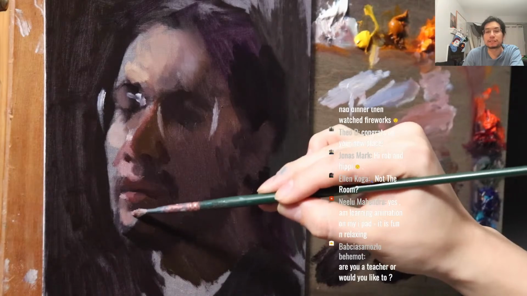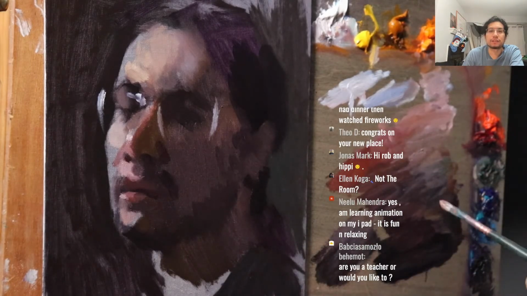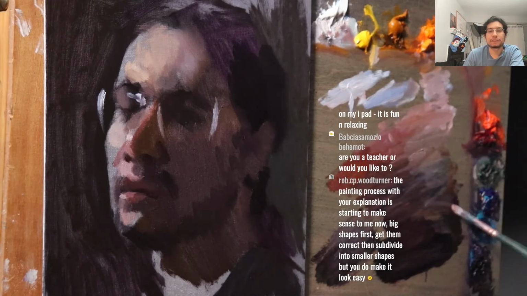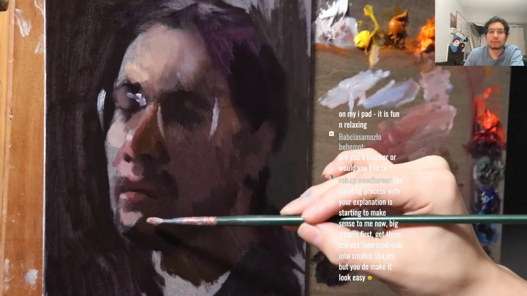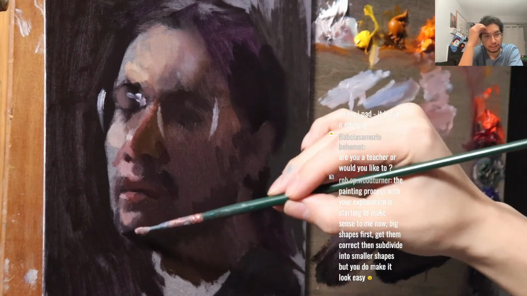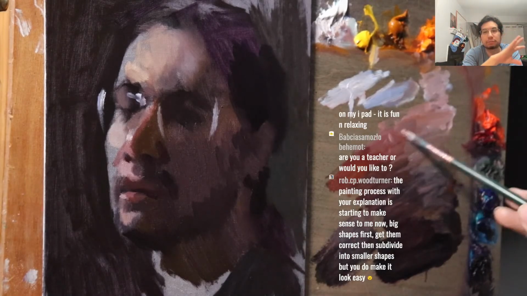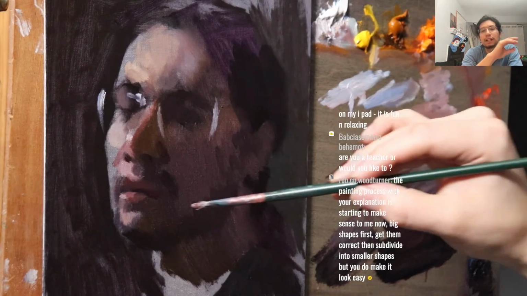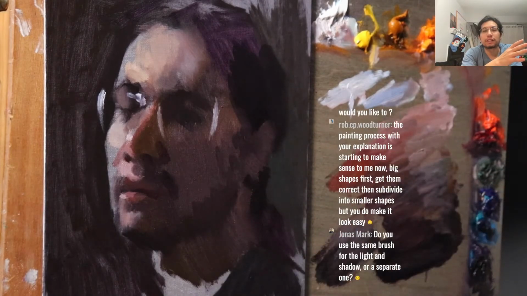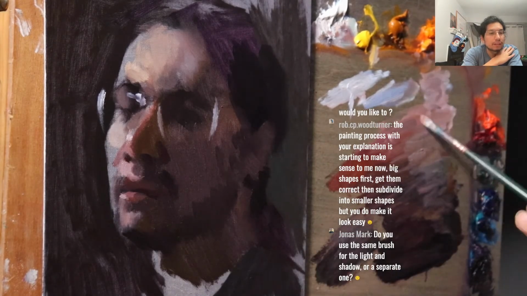Bouguereau is more polished, a little less true to life. If you look at a simple Sargent head, a lot of it's in the shadow most of the time, but the subtlety is in the relationship between all of the shapes. And this is where we're starting to capture micro expression within the subtlety of the shapes.